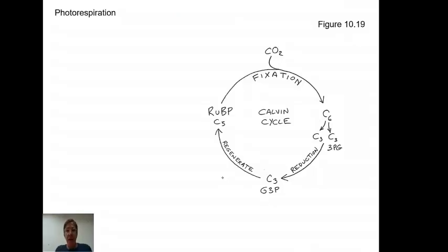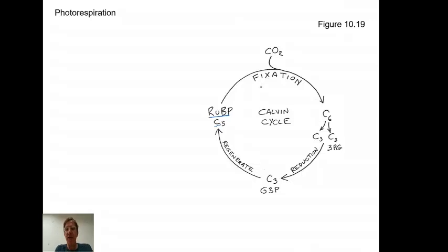All right, so just to review a little bit more about the Calvin cycle in particular, because this is really important for today's material. We're starting off with this 5-carbon molecule called ribulose bisphosphate, or RuBP. The C5 here just indicates that it's a 5-carbon molecule.